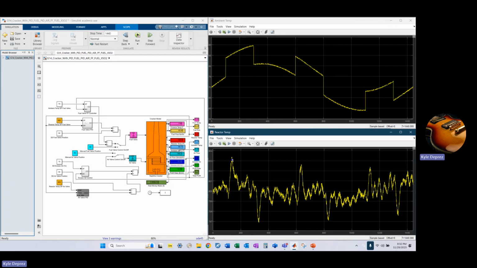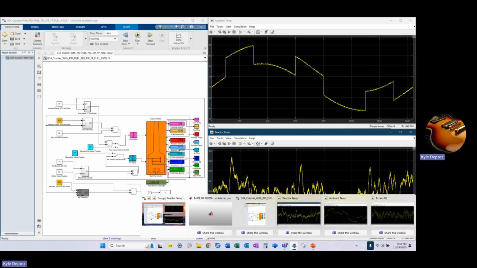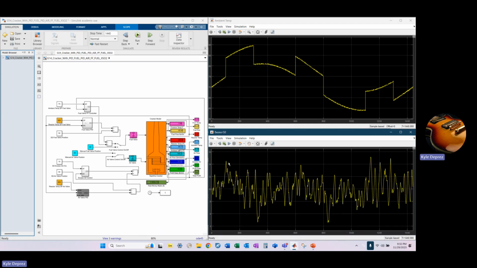And you can see the spikes that we were talking about earlier, which can be correlated to the ambient temperature spikes. And if we look at the excess O2 readout, we can see that it stays around 10% with some spikes that are related to ambient temperature with a delay.